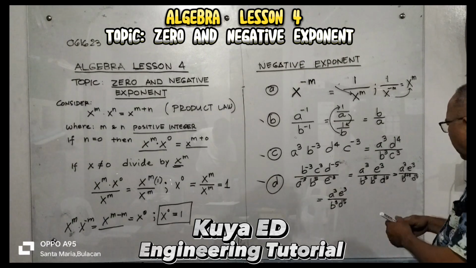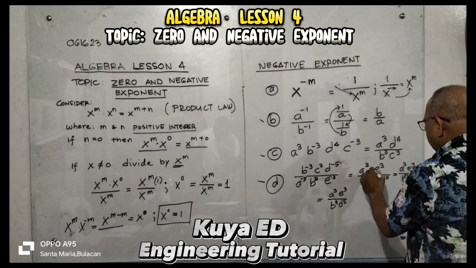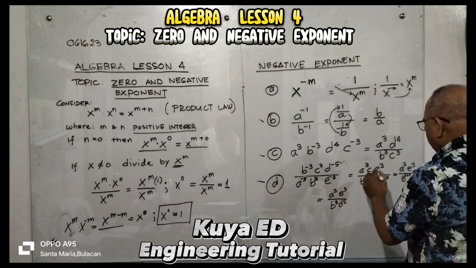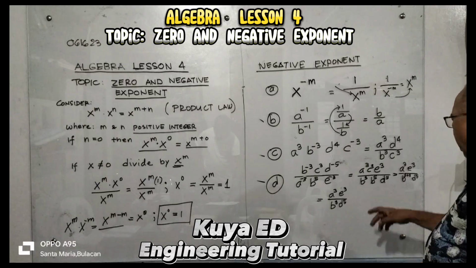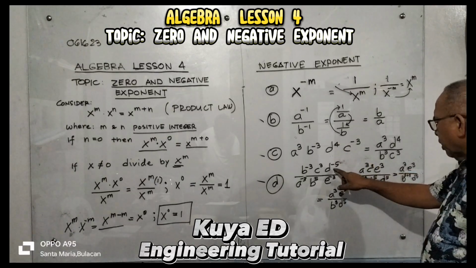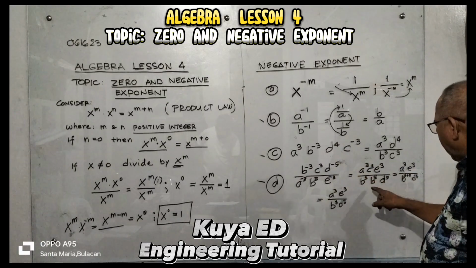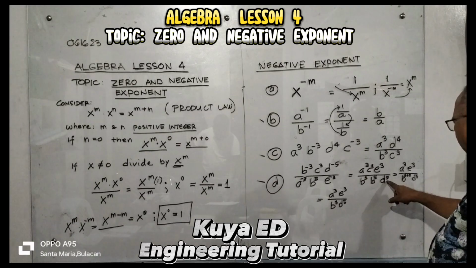Tapos, ito, as is, ang ating A cube, at yung C ay andito pa rin. C cube, okay? So, we have the E cube, tinaas natin. Yung ating D to the fifth ay binaba natin. Okay?